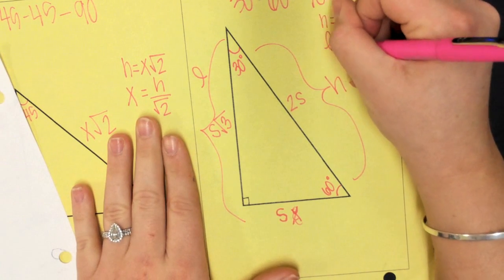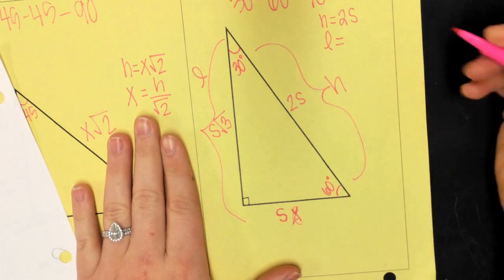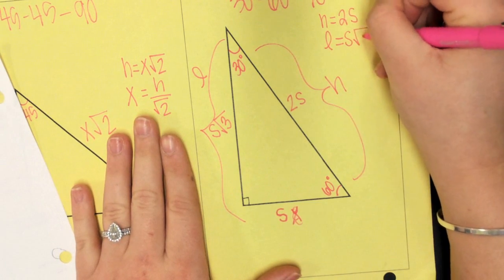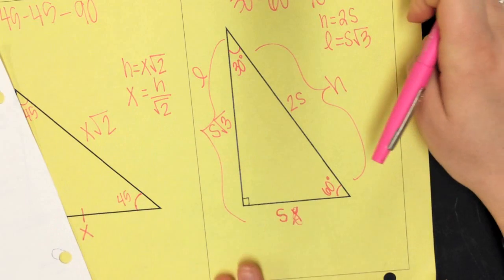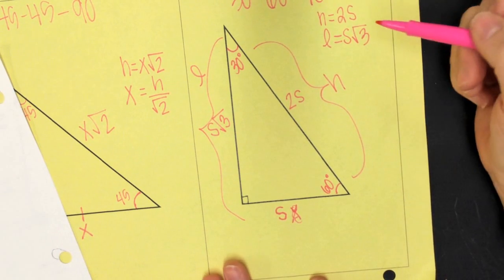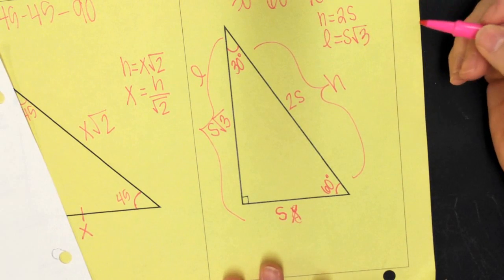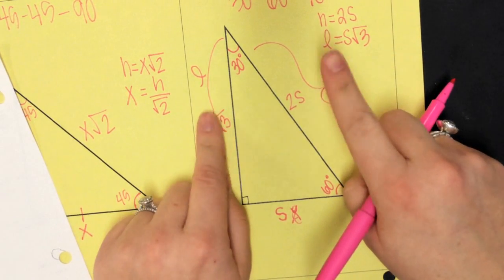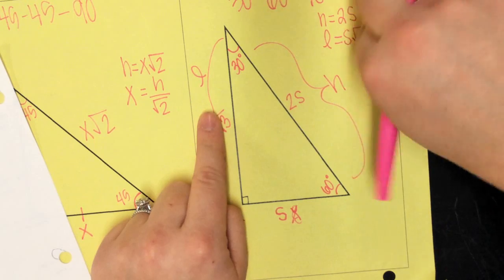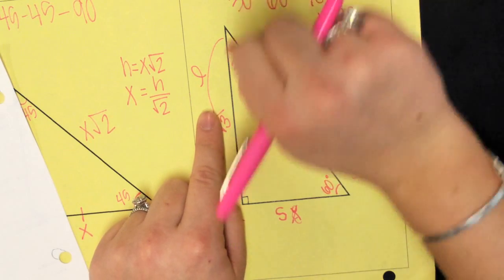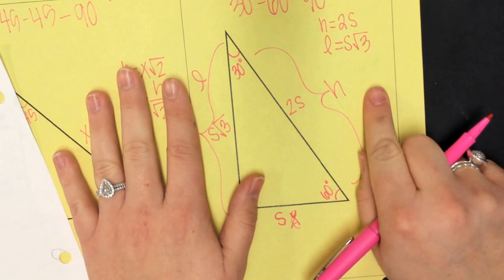To find the leg, you do side square root of 3. Okay, side square root of 3. But I don't have any where I know how to find the side if I'm given either one of these. So just work your formulas that you do know until we have S.